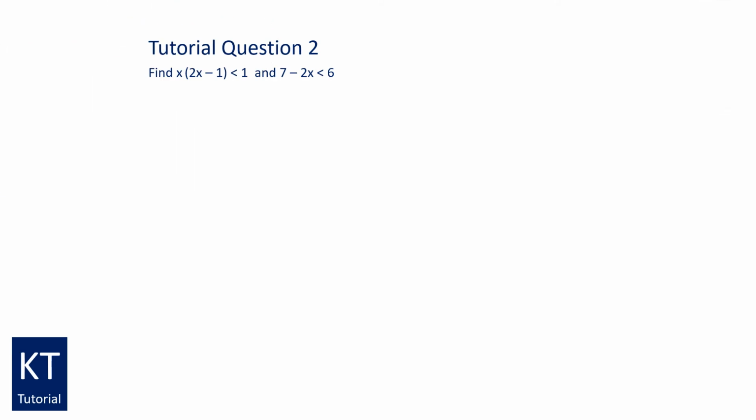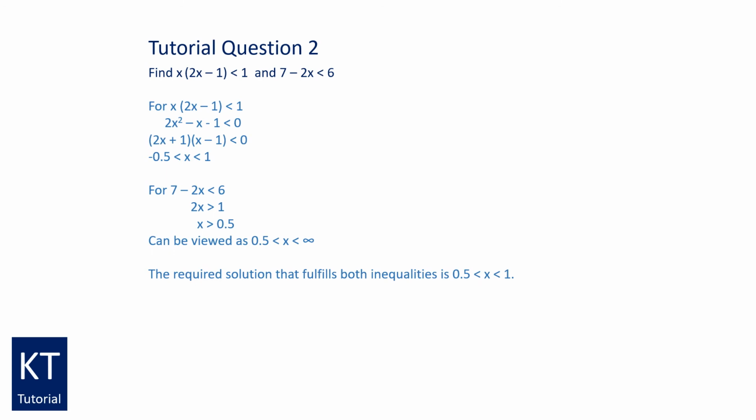Tutorial question 2. Solve for x that fulfills both inequalities. For such a question, you would independently solve inequality 1, then inequality 2, and work towards the required solution as a range that fulfills both inequalities.